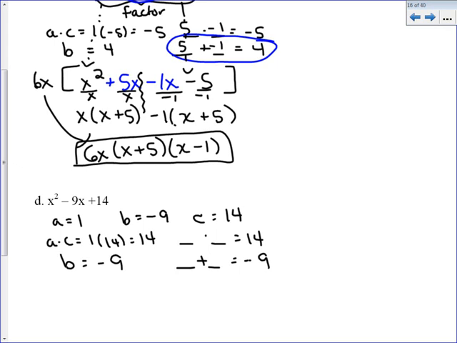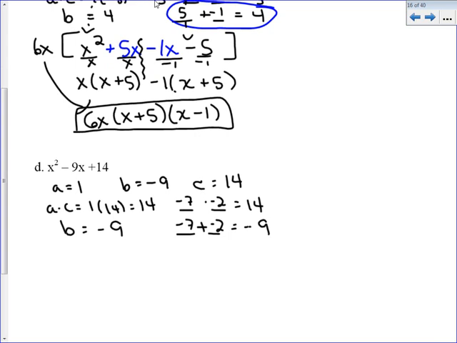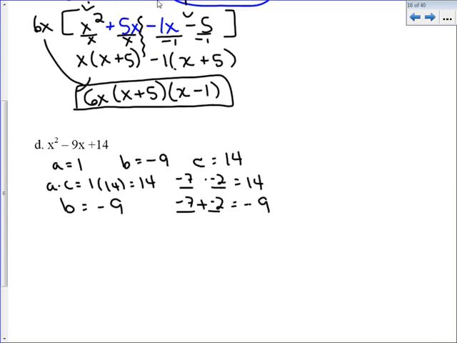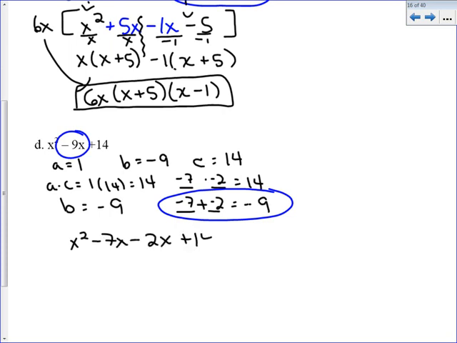-7, -2. And where's that pair going? In the middle. The pair is always going in the middle. So I'm going to have x squared minus 7x minus 2x plus 14.